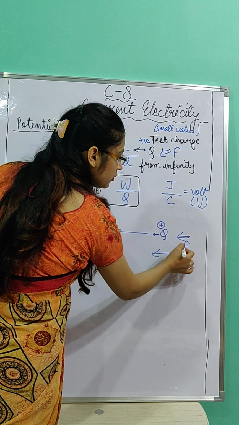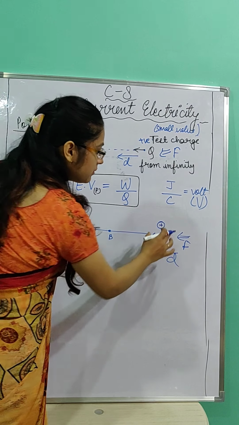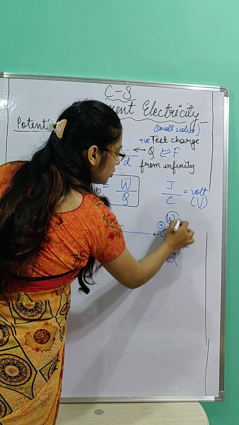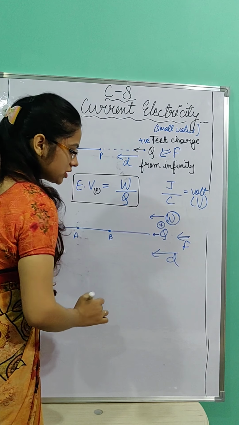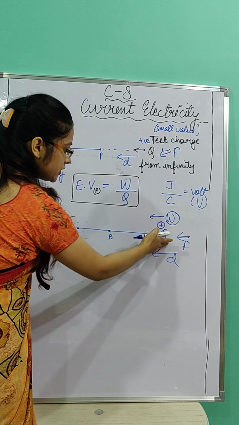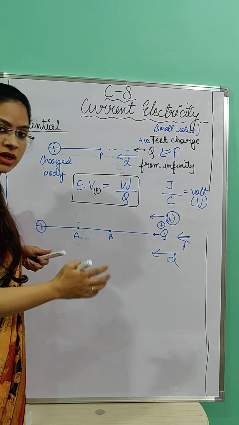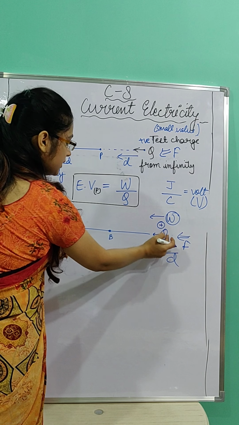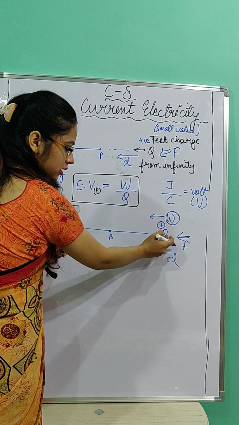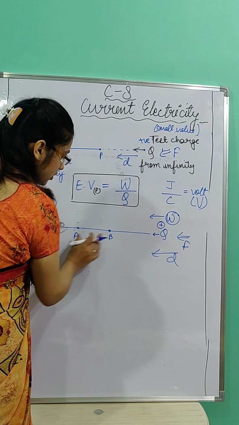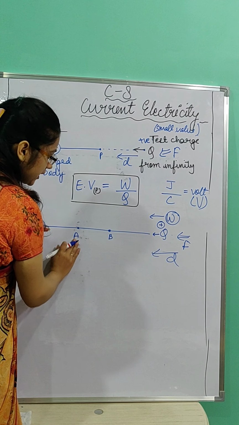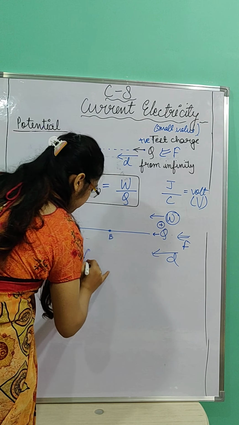That means force into displacement, that means some work will be done on this test charge in order to move it from infinity to point B and to point A. Obviously this distance is much more, therefore work done for moving this test charge to here will be greater.